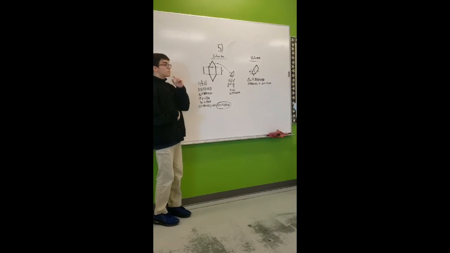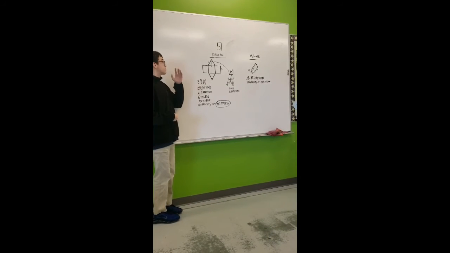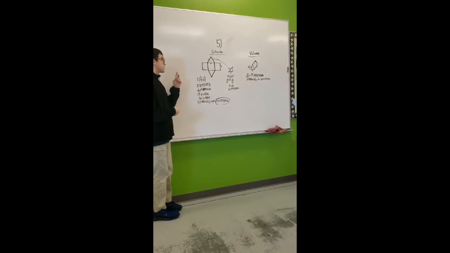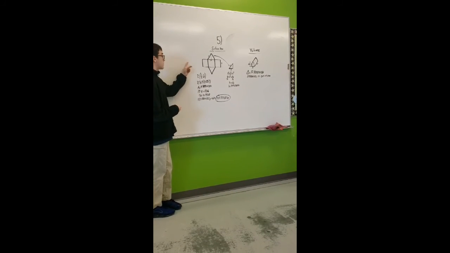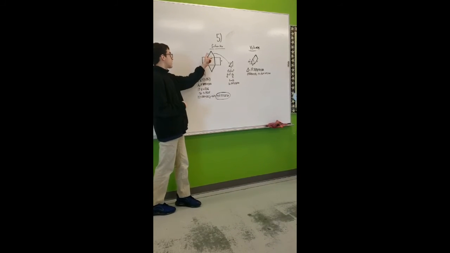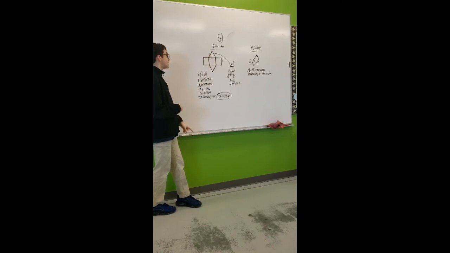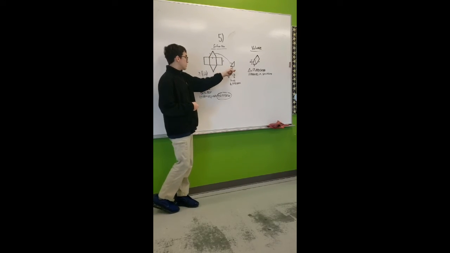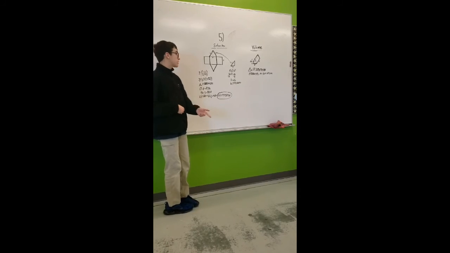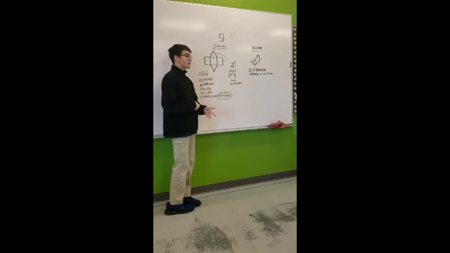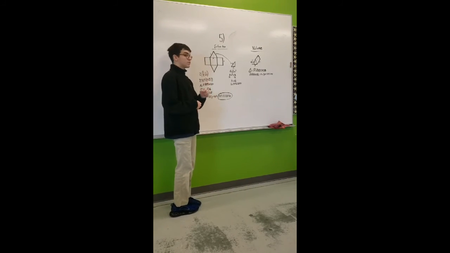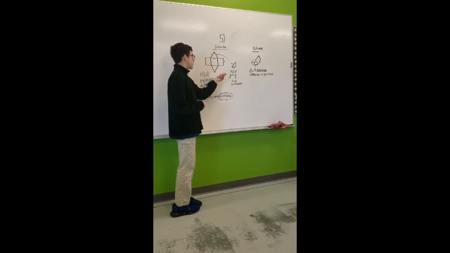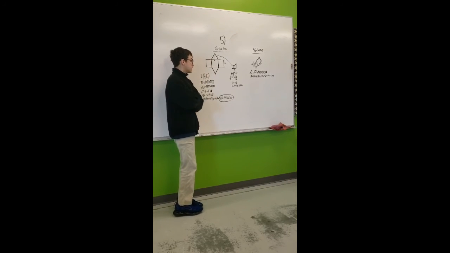Okay, so for number 5, we did a triangular prism and we would find the surface area. So I netted it out, and then we had to split this to find the height. We already had the hypotenuse and the base, so we just had to find the height. So we put this into Pythagoras theorem: 4 squared plus b squared equals 6 squared.